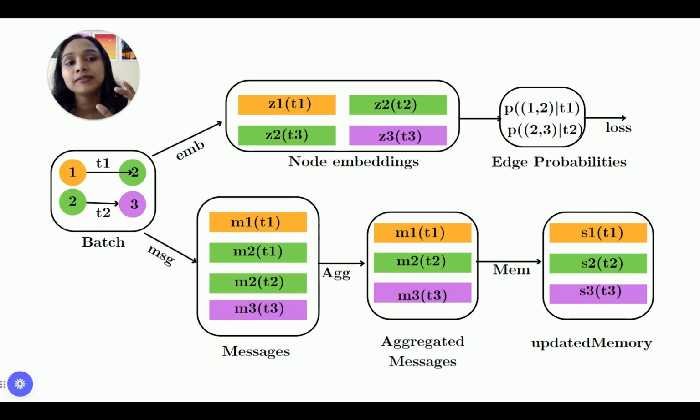If we can predict the formation of an edge between a user and item at a particular instance of time, then we can recommend them the ad and influence that user, or we can tell that this user will buy this product at this particular instance of time. So if we can compute the probability of formation of an edge at a particular time in a graph, it is very useful, and this is how a TGN can do that.